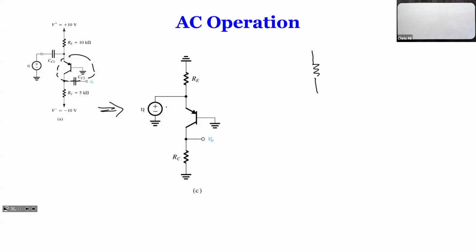And then the B, of course, is on this side. And then we have a current source. The only thing that I think you guys may find a little bit confusing is the direction of that current.